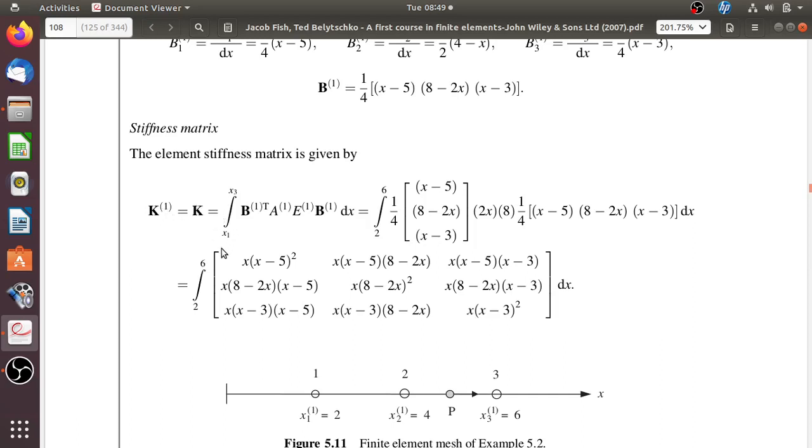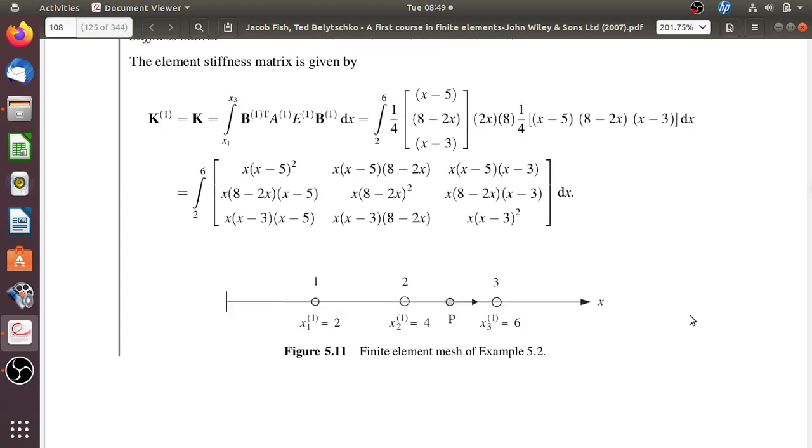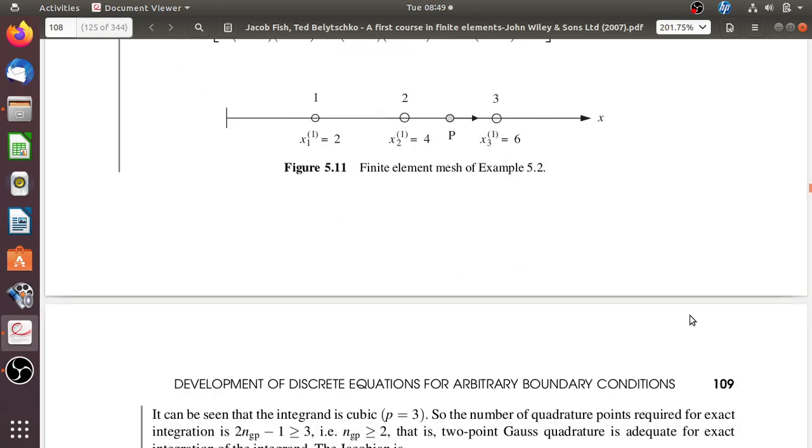Now we have to do the integration for each component, and we are going to do that integration using a numerical method. So how are we going to do that?